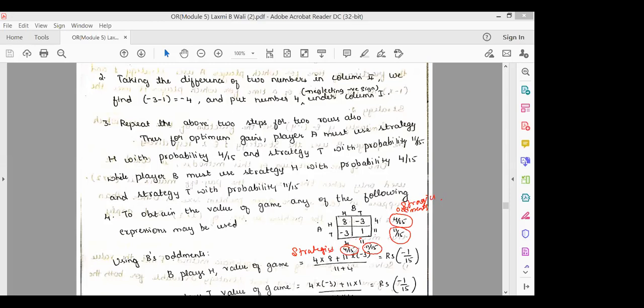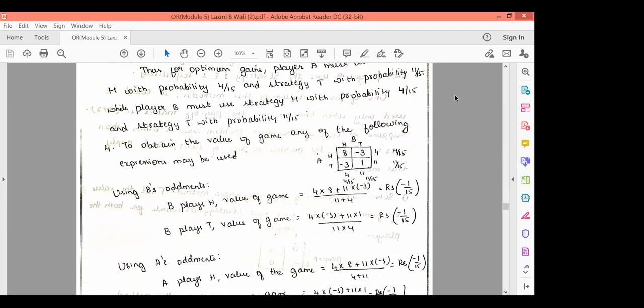So I will just move to the next. Using B's oddments, that is when B plays H, and he gets H, the value of the game is calculated by this. So by means of B's oddments, we can find out the value of the game.